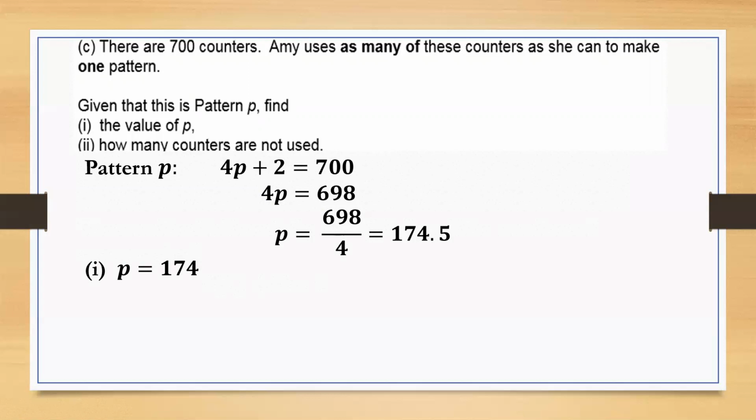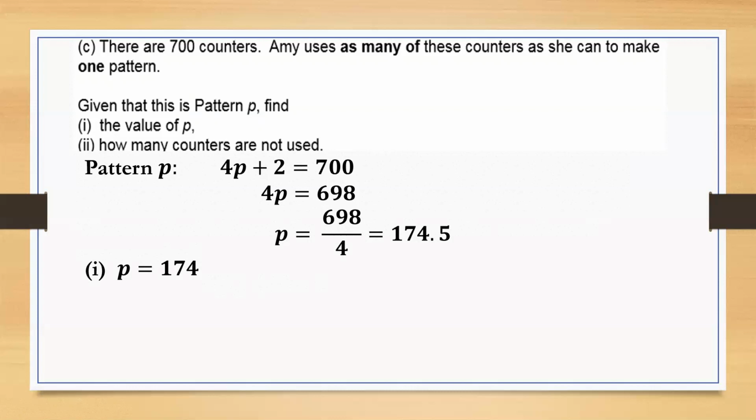It should be a whole number. I cannot consider 175 because I will be using more than 700 counters and Ami has only 700 counters. Is that okay? So we consider P as 174.